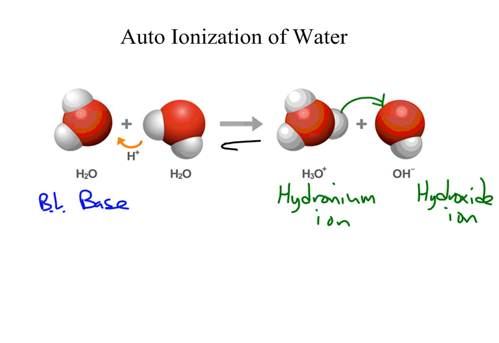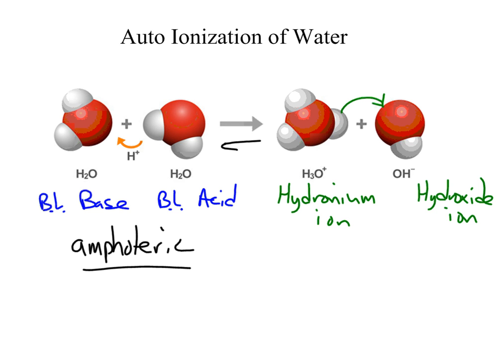And the water molecule on the right is donating the proton, so that would be the Bronsted-Lowry definition of an acid. So here we see that water is both acting as a base and an acid. The term we use to describe that is amphoteric. A substance that can act as both an acid and a base is referred to as amphoteric.